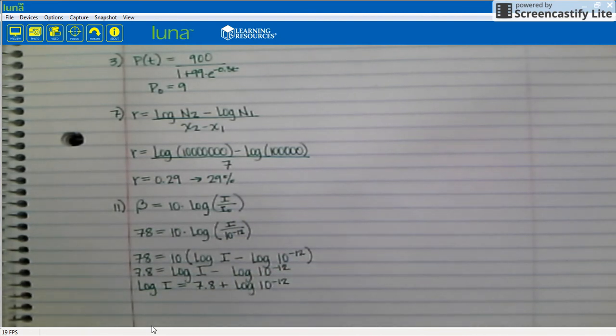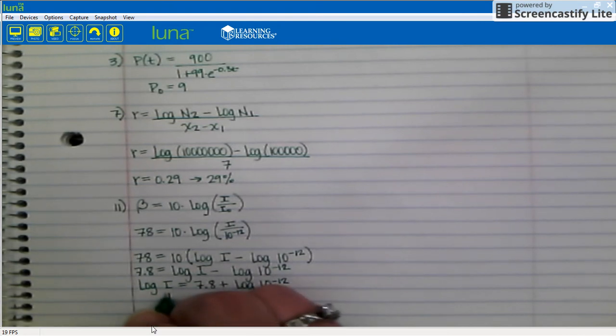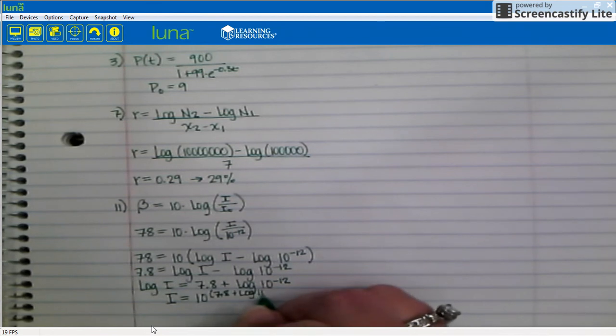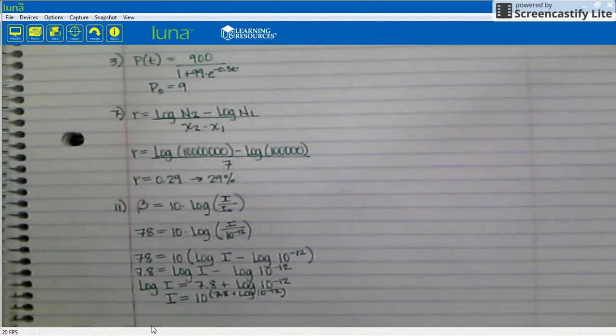And to undo the logarithm, I have to exponentiate it. In this case, my log has a base of 10. So I is equal to 10 raised to the 7.8 plus log of 10 to the negative 12th power.